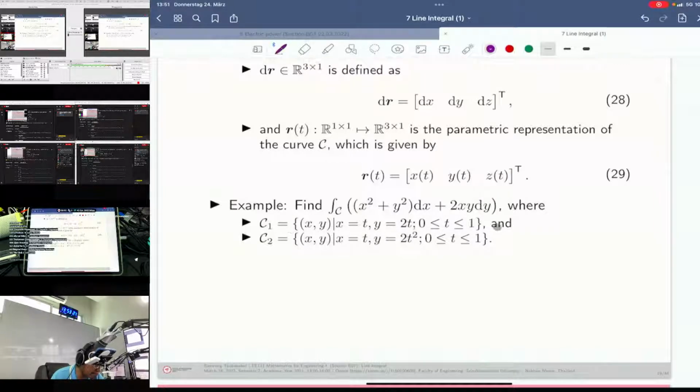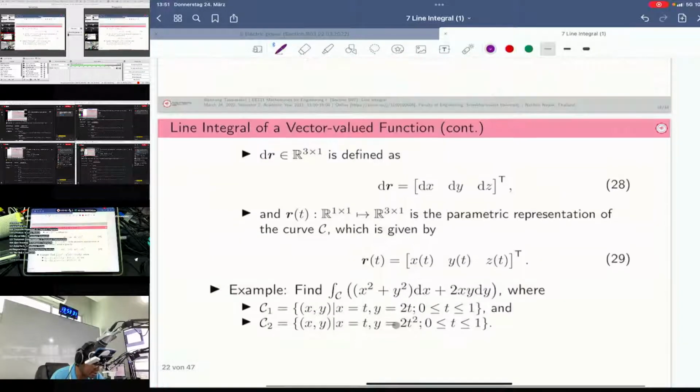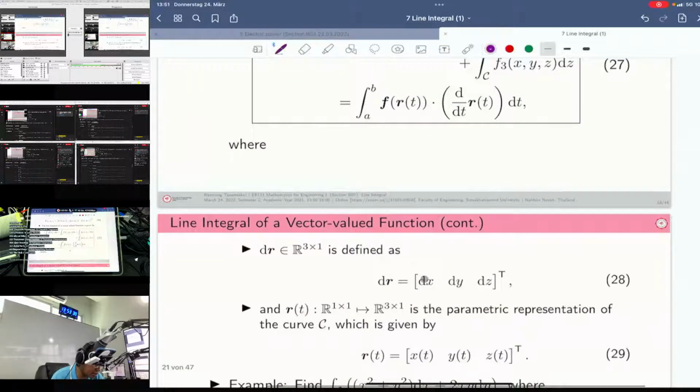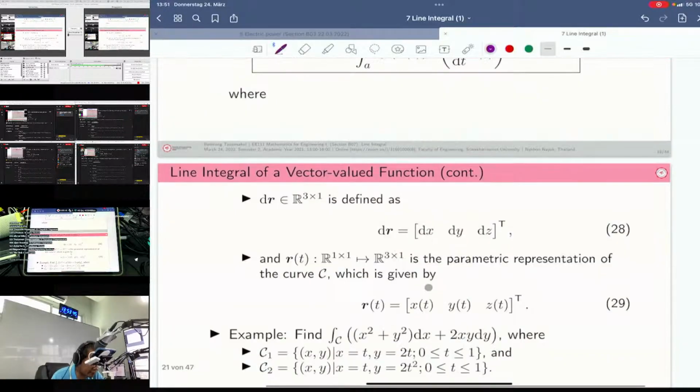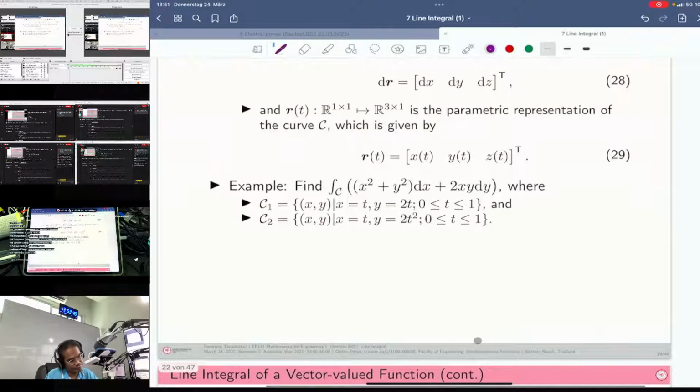Okay, two paths. The first part is C1. The second part is C2. And of course, you could see that this is F1, right? F1 appears in front of dx, and that's F1 because according to this one, F1 is in front of dx and F2 in front of dy. So yeah.